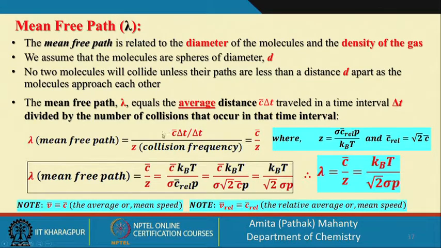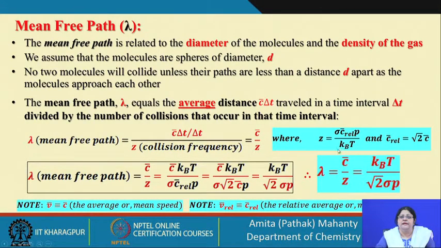So, this is what we can write. The average distance traveled is the average velocity times delta t, divided by delta t, over the number of collisions occurring in that particular time interval, which is nothing but the collision frequency. If you remember the collision frequency expression, we had something like this: sigma times the relative mean speed times pressure divided by kT.